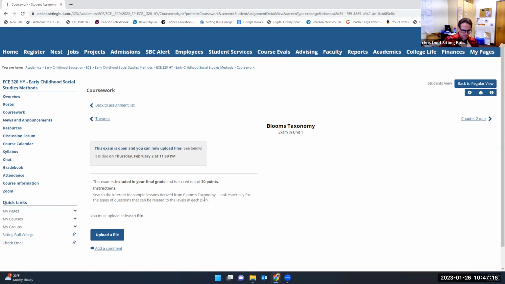Include those lesson plans, copy and paste, download, whatever you need to do, in this assignment here. Okay, so find these lesson plans and then describe what they did in regards to the types of questions or the objectives that they have in each plan, and what level they're on in Bloom's taxonomy.